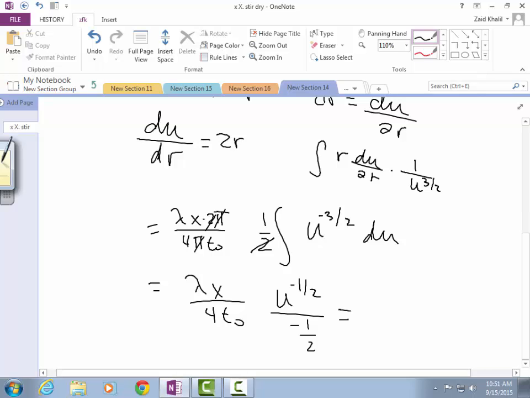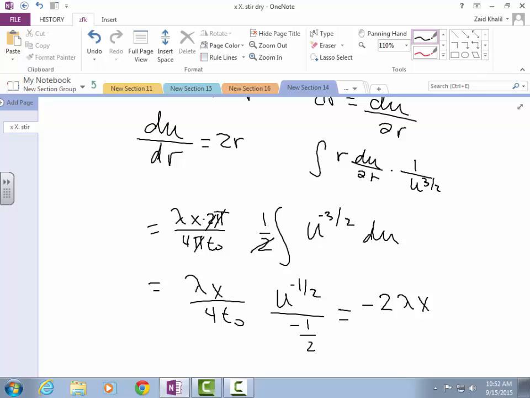So what do we end up with? So -2 lambda x. Oh, guys, I should probably fix something going way back. See where all those lambdas are? Replace it with a sigma. Why? Because it's not a linear charge, it's a surface charge.